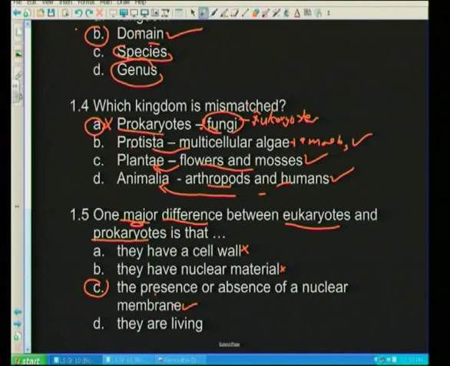Remember, prokaryotic means primitive nucleus. Eukaryotic means a true nucleus with a nuclear membrane. Pro means primitive without a nuclear membrane. That's your bacteria. And therefore, the presence or absence of a nuclear membrane gives you the difference between these two living organisms. We are now done with the 5 multiple choice.